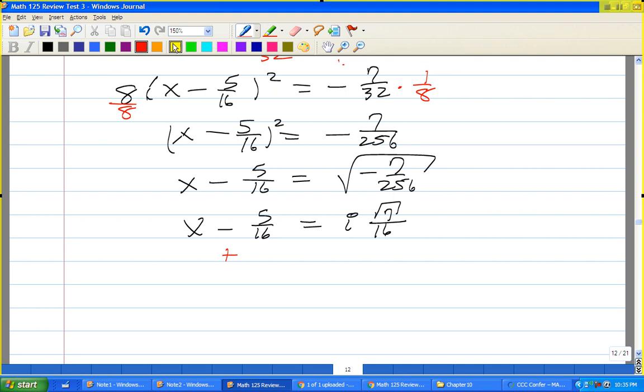And why is there no plus and minus there? Add 5 over 16 to both sides of the equation. So x is equal to 5 plus or minus i rad 7 all over 6.